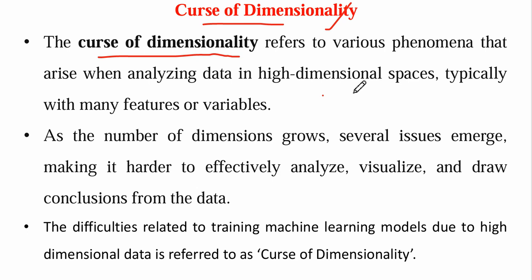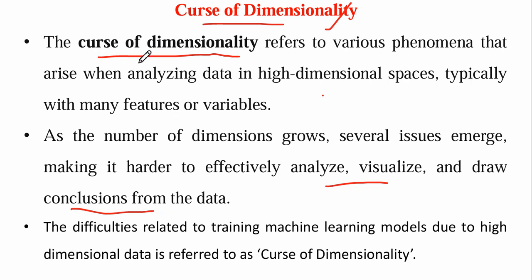So if our data set contains many features, that is called high dimensional space. Clear? It is very hard to analyze that data set, very hard to visualize, and very difficult to draw conclusions from that data.